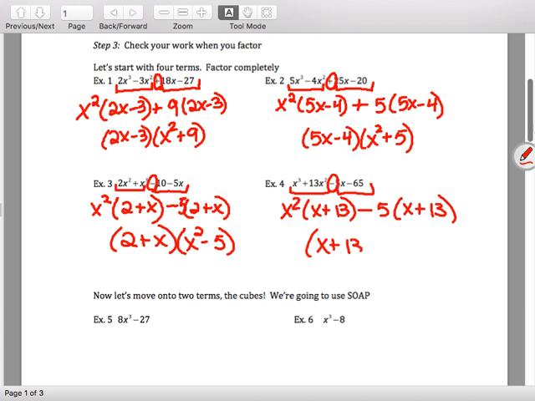So I got a common factor of x plus 13, and it's x squared minus 5.